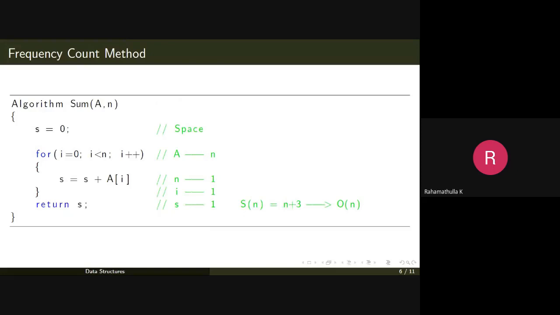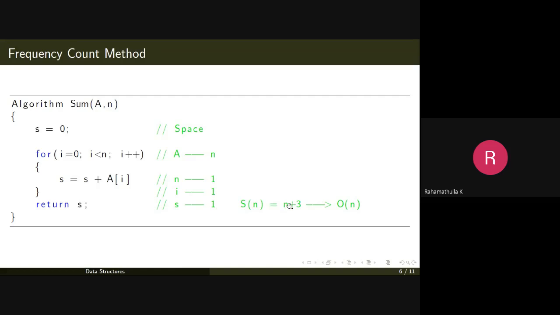Now the space taken by the algorithm. Here we store an array A, then we require a variable n, another variable s, and another variable i. A is an array that stores n values, so A takes n bytes. n is a variable, it takes 1 byte. i is another variable which takes 1 unit of space. s is another variable which takes 1 unit of space.